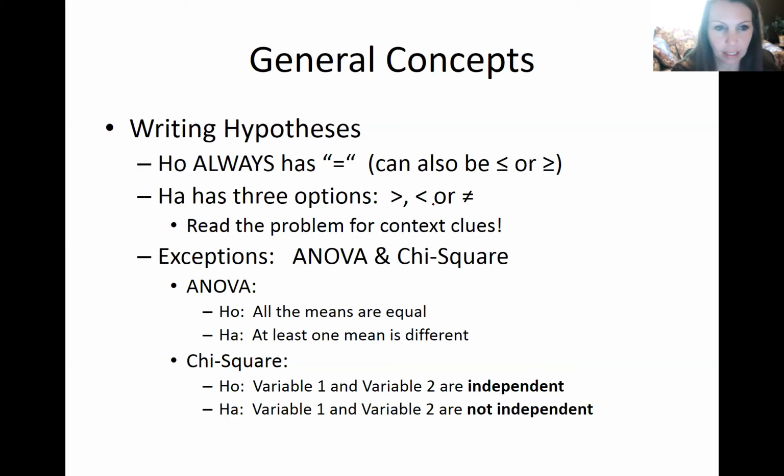So the key with ANOVA and chi-square is making sure that you get the wording right, because there are ways to say something similar that actually turns out to be not correct. Just write down the wording in your cheat sheet, and look for the ones worded this specific way so that you don't go with a differently worded option that is actually incorrect.